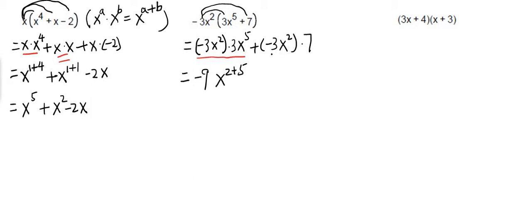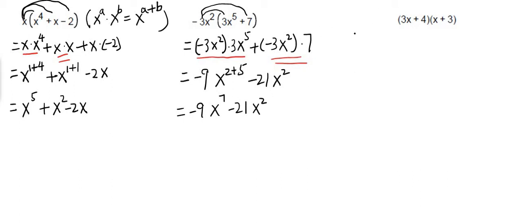For the second term, we have -3 times 7, that is -21, and here is x squared. We can simplify it. We're going to get x to the power 7 minus 21x squared.